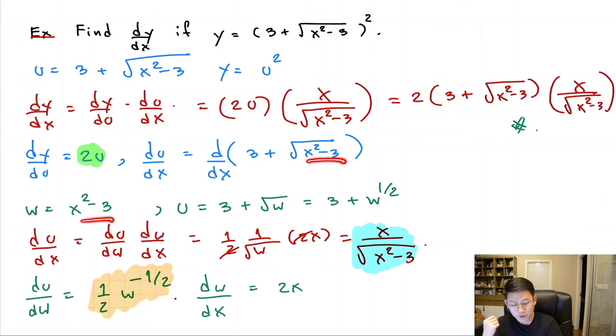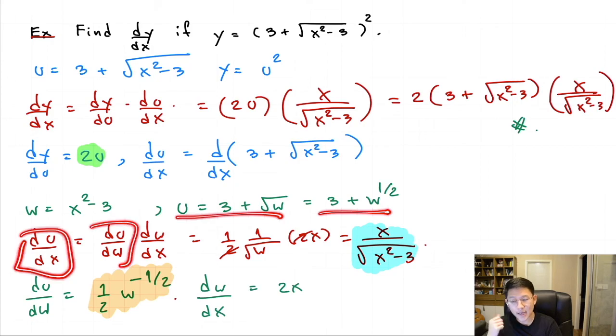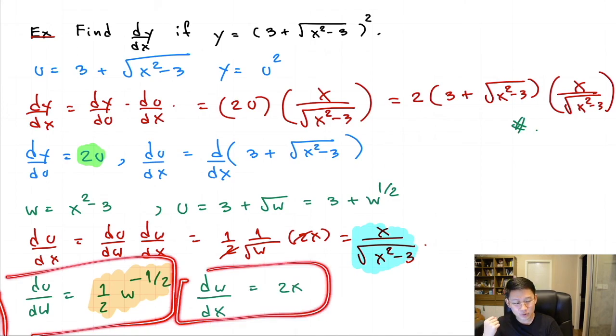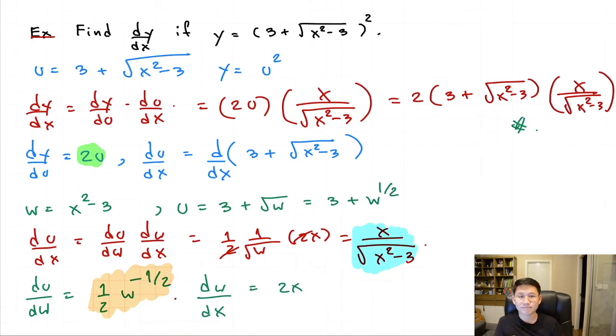So u is just this, and that can be differentiated with respect to w. So du by dx is du by dw times dw by dx, from the chain rule. And then we find du by dw, which is pretty easy to compute, and dw by dx, which is even easier. Then we do substitution, and we get the answer.